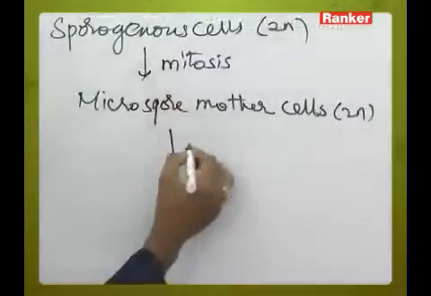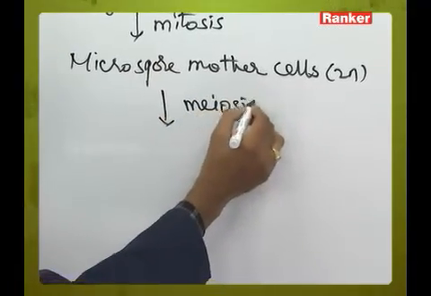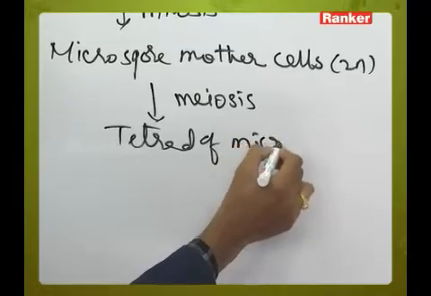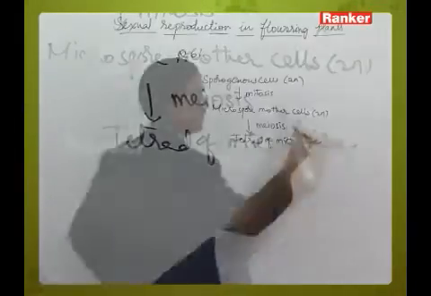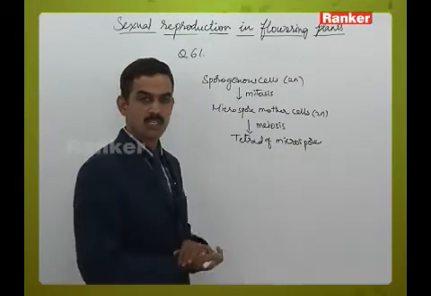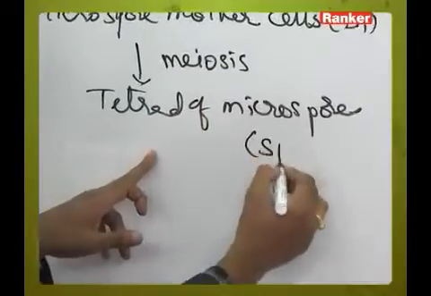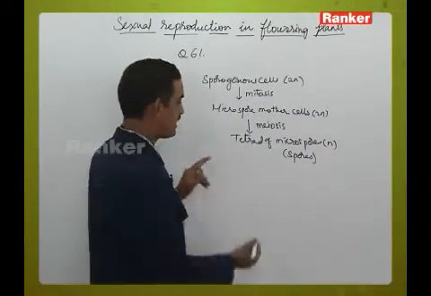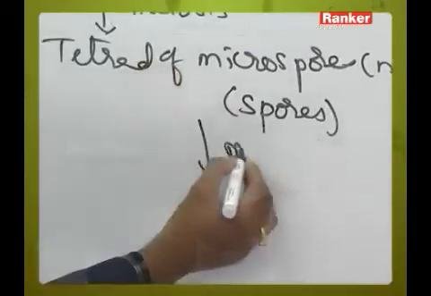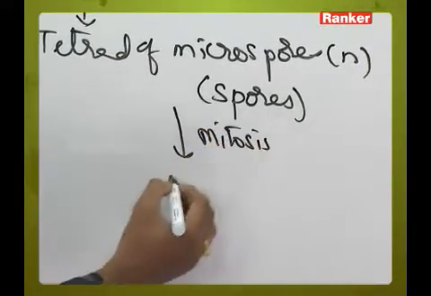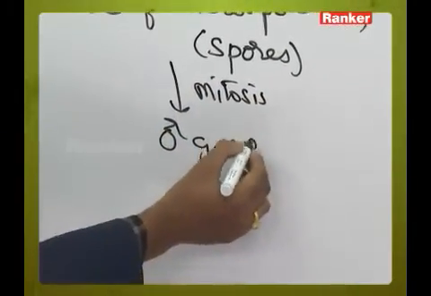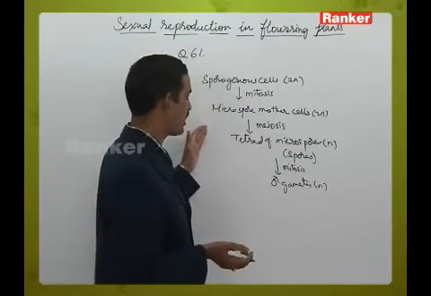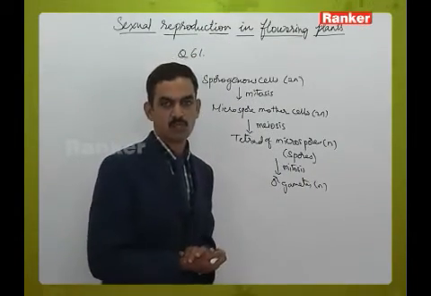These microspore mother cells will undergo meiosis to form a tetrad of microspores. That means here we can call these spores also, which are haploid in condition. And these spores which have been formed will undergo further mitosis to form male gametes. So these are the sequence of changes which are taking place inside a microsporangium.